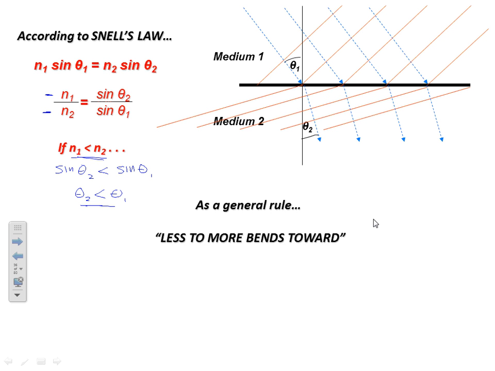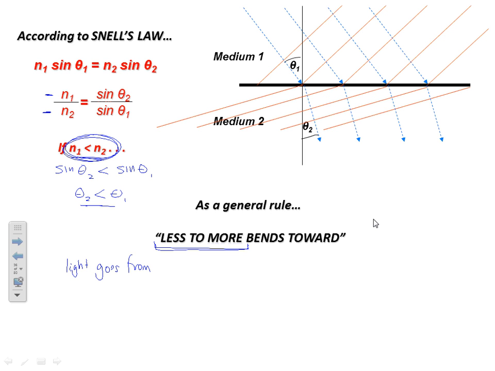What does that mean? Well, here's what it means. Less to more. Less what to more what? Well, in this case, the light went from less n to more n.